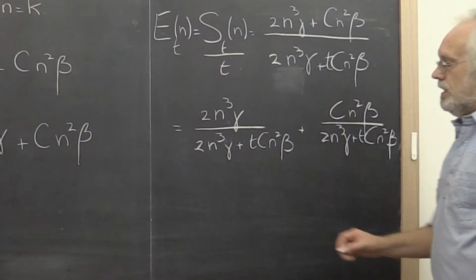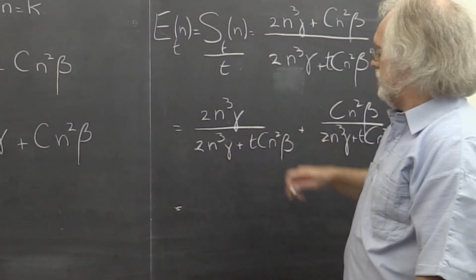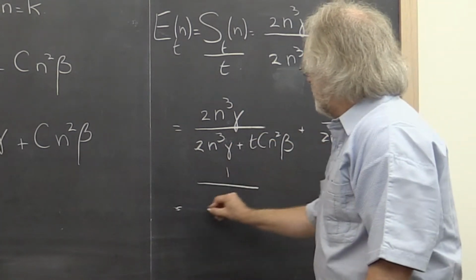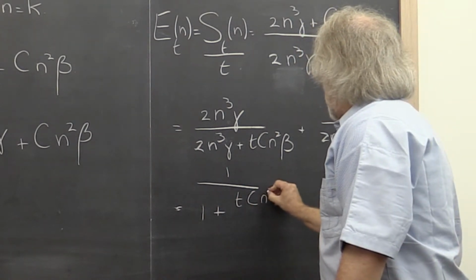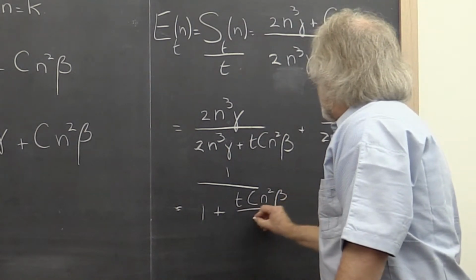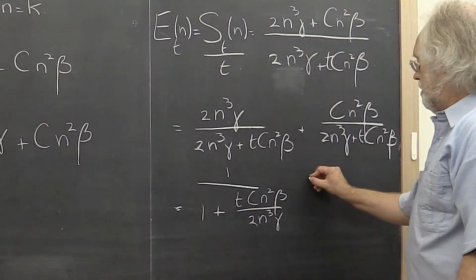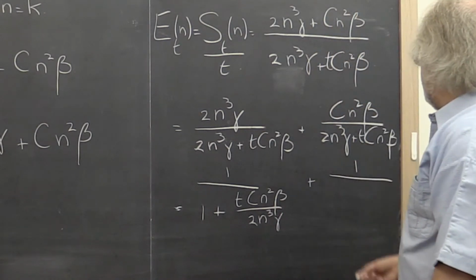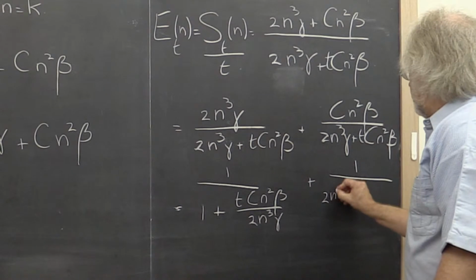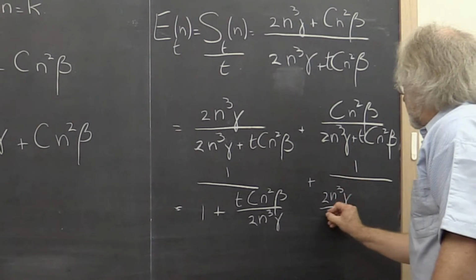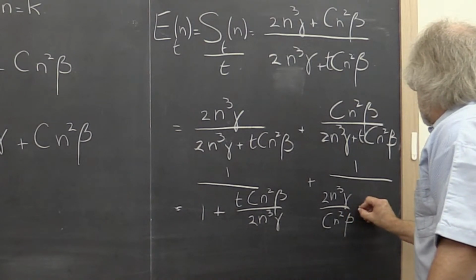Okay? And now on the left, what we can do is we can divide this into the denominator, and we get 1 divided by 1 plus t times c n squared beta divided by 2n cubed gamma, plus 1 divided by, we can divide this into both sides, and we get 2n cubed gamma divided by c n squared beta plus t.